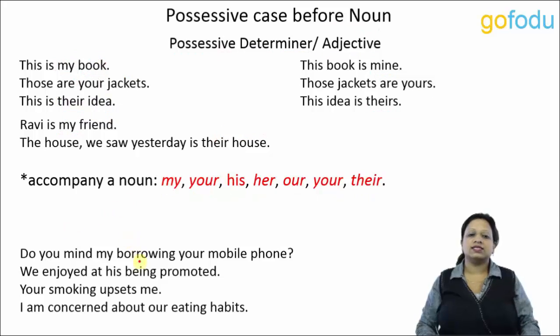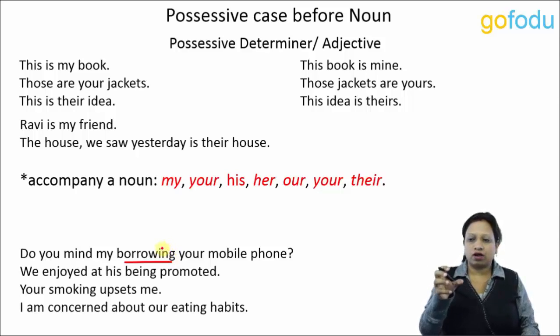All right, let's see some more examples. Do you mind my borrowing your mobile phone? Now over here, borrowing should be a verb because it has an ing, but it's not a verb, it's a noun. What happens is, in some cases, when a verb is followed with ing, it no longer remains an action.